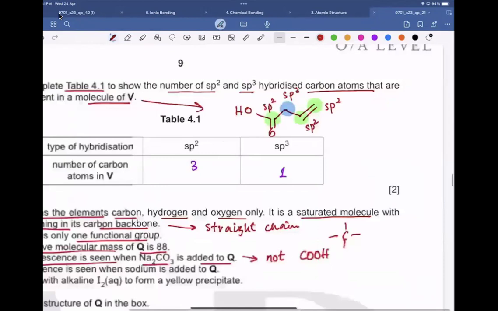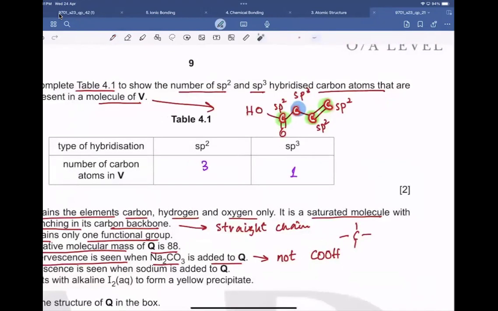If you see 1, 2, 3, 4, there are 4 carbons, right? And out of these 4, these 3 carbons have a double bond. The carbons which have a double bond are sp2 hybridized, so there are 3 carbons which are sp2 hybridized. And this carbon has 2 single bonds, and 2 more single bonds with the hydrogen atoms. So there is 1 carbon which is sp3 hybridized. Is this clear? I hope you understand part A, LiAlH4 as a reducing agent.